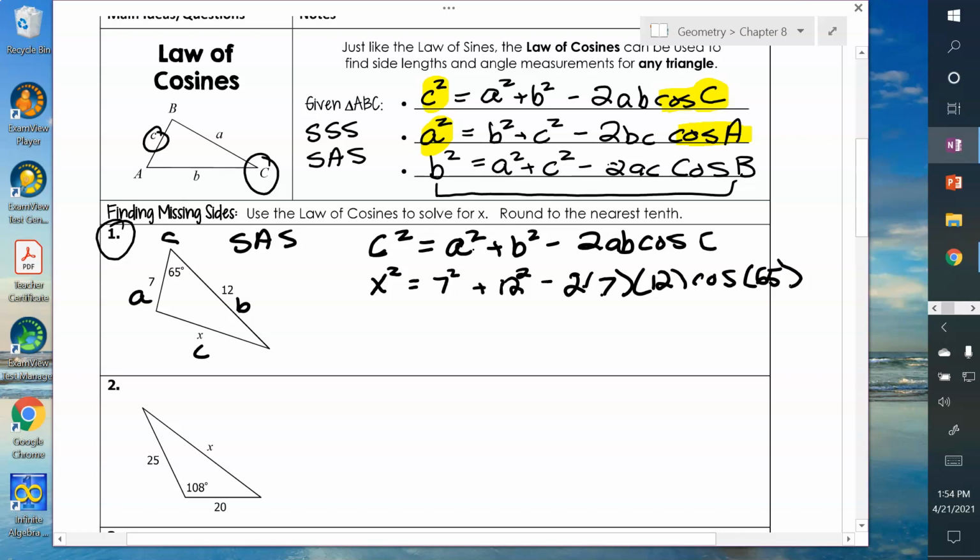So now all I have to do literally is plug this through my calculator. I'm going to get x squared equals, so I'm doing 7 squared plus 12 squared, and I'm going to subtract 2 times 7 times 12 times the cosine of 65, and I got 122.